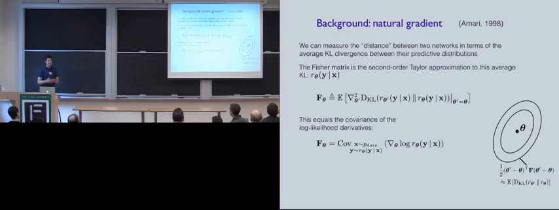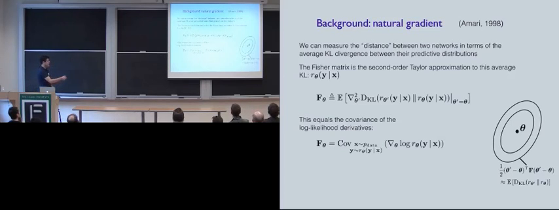And so we can measure the distance between two different neural nets in terms of the average KL divergence between their predictive distributions over the outputs. But we can't measure this KL divergence exactly, so we need to approximate it. And so the Fisher information matrix, this is something that you might have seen in a statistics class.